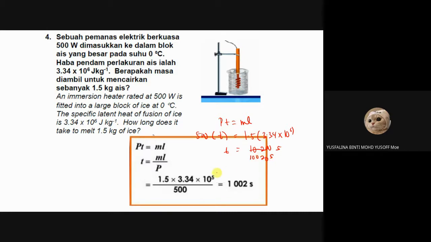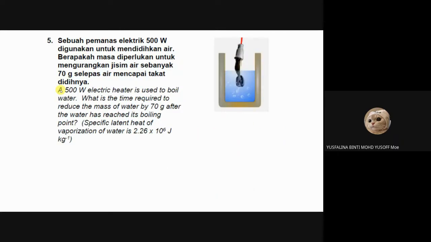Okay, so this one, don't look at this one. This one is wrong. Put your answer, because this one is the value of the specific latent heat of fusion. So your answer is correct. This one I leave it to you to answer, because it's the same as question number 4.